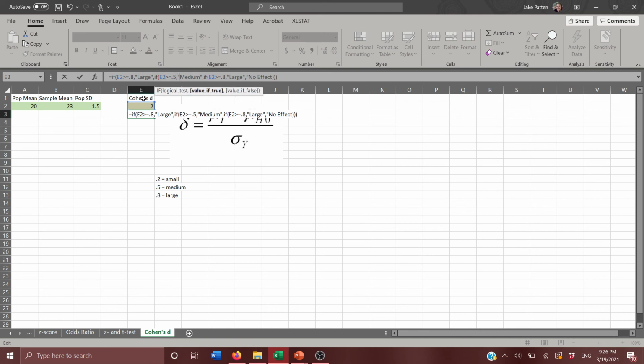We can leave 0.5, and that can be medium. And here we're going to be changing this to 0.2, and this is going to be small. Now, if it's not greater than or equal to 0.8, then it's going to see if it's greater than or equal to 0.5. Then it's going to see if it's greater than or equal to 0.2. Otherwise, it's going to say no effect. So this should work.